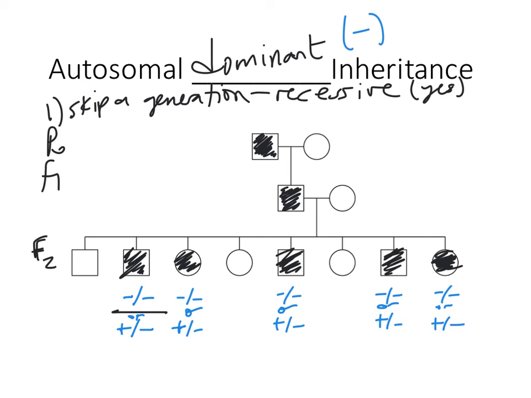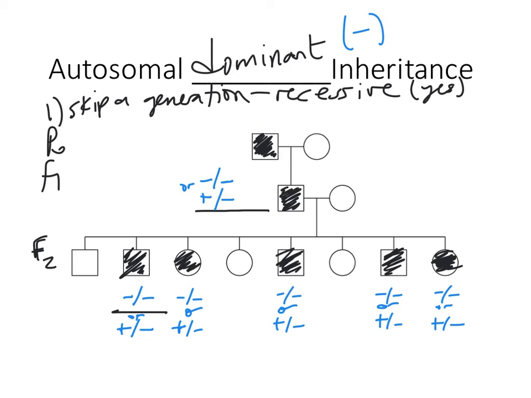What's the genotype of the F1 dad? What are the possible genotypes? Right. Same as the kids. If you see an affected individual with a dominant disorder, it's either minus over minus or plus over minus.